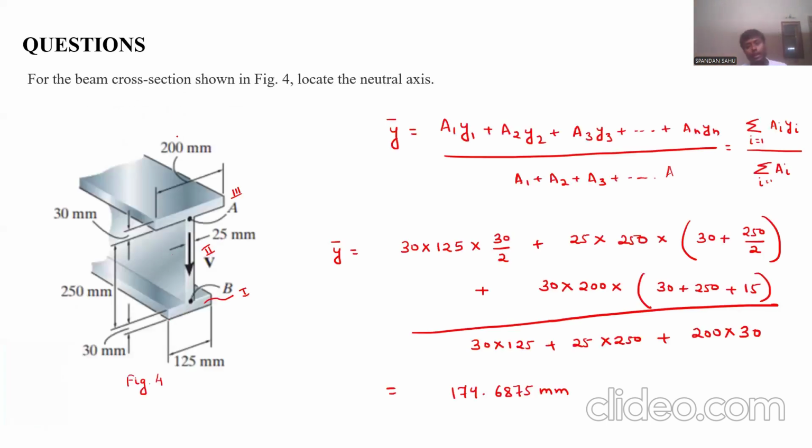First, calculate the moment of inertia for each and every part with respect to their centroidal axis. Then, to calculate the overall moment of inertia about the actual neutral axis, you have to use the parallel axis theorem. So let us see how to calculate this.